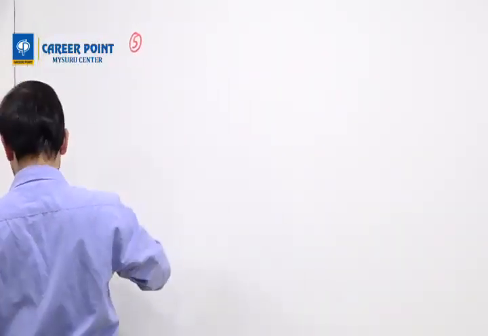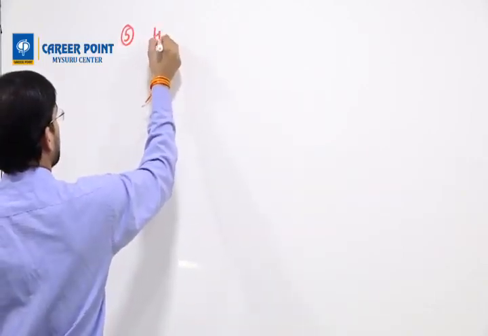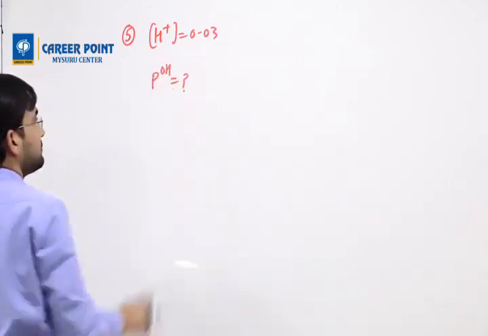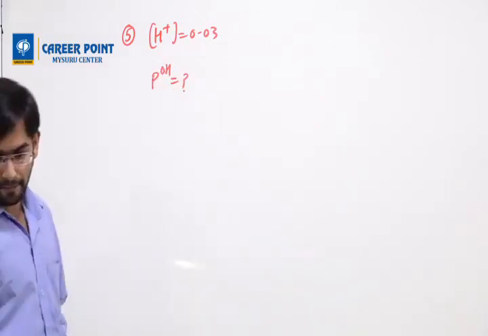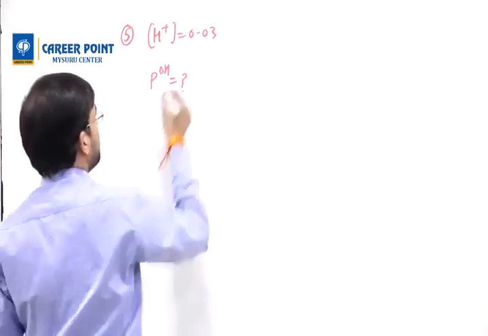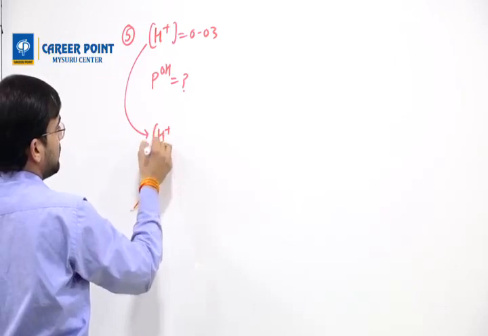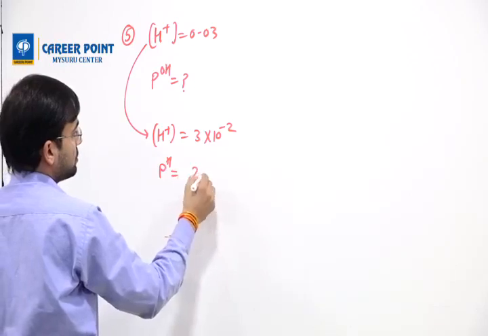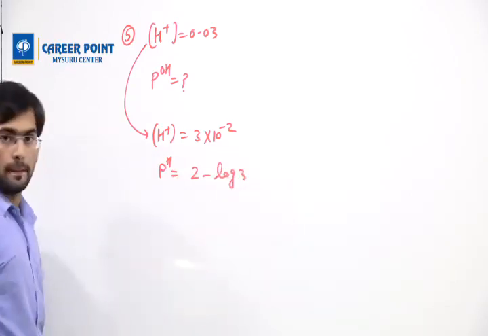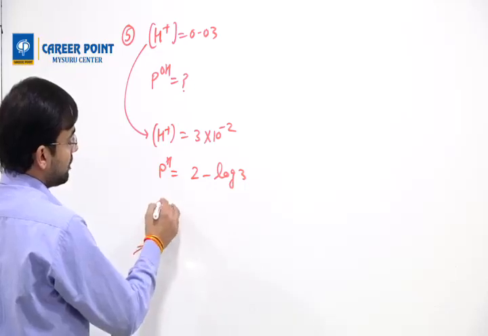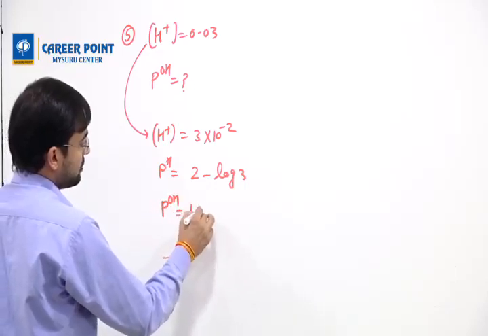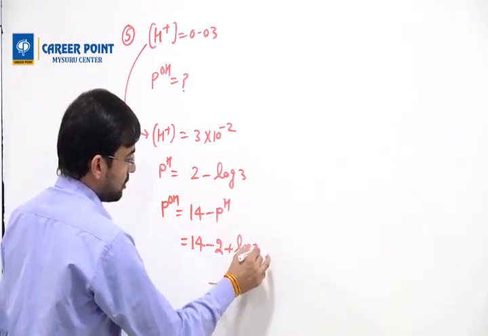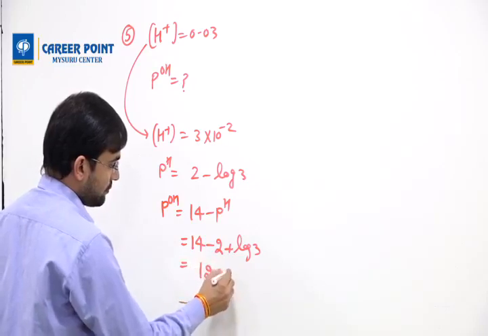They are saying H plus is equal to 0.03 and asking us to find pOH. If H plus is known, I can write this as 3 into 10 power minus 2. So pH is 2 minus log 3. Once I get that, pOH equals 14 minus pH, so 14 minus 2 plus log 3, which is 12 point 4771.